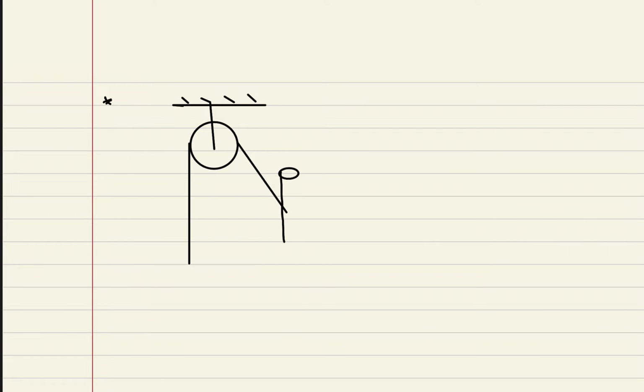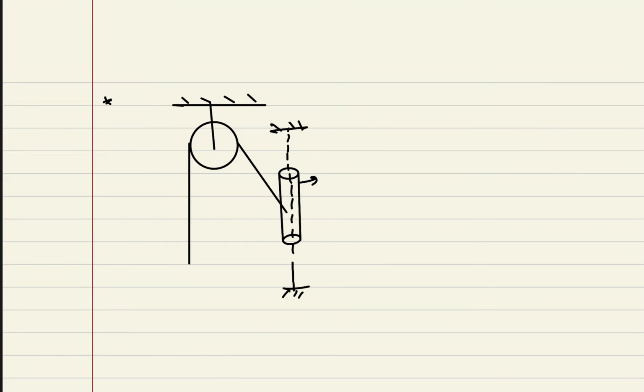We can observe that, suppose there is a pulley and one end of the string is connected here and the other end is like this. Let us consider I have taken a body like this, just fitted on a support.